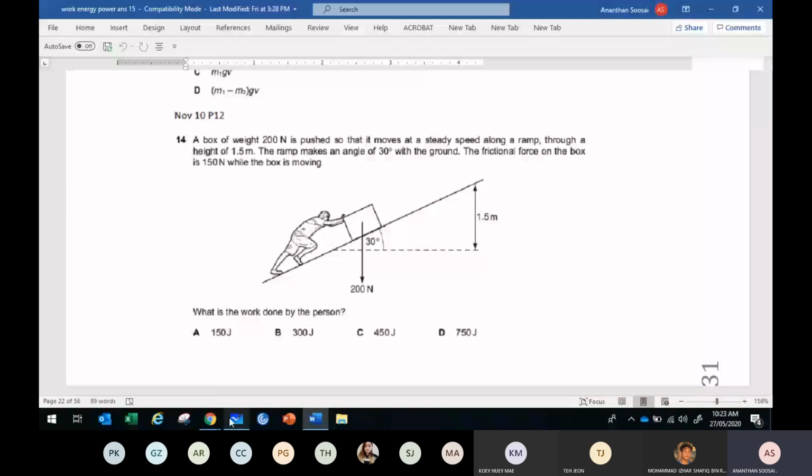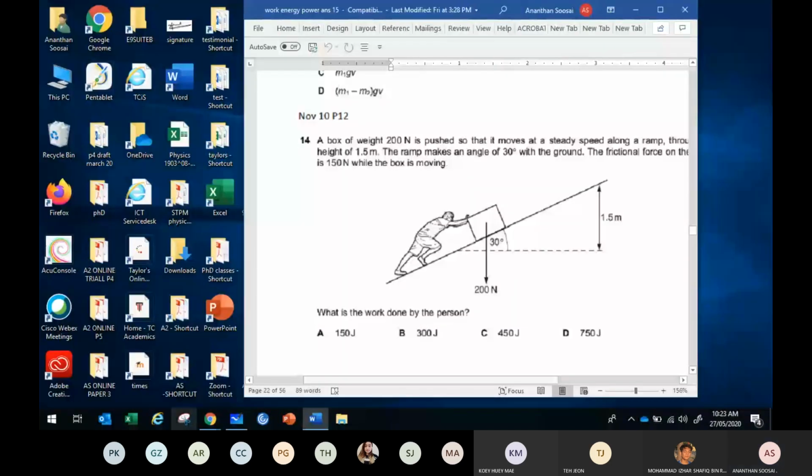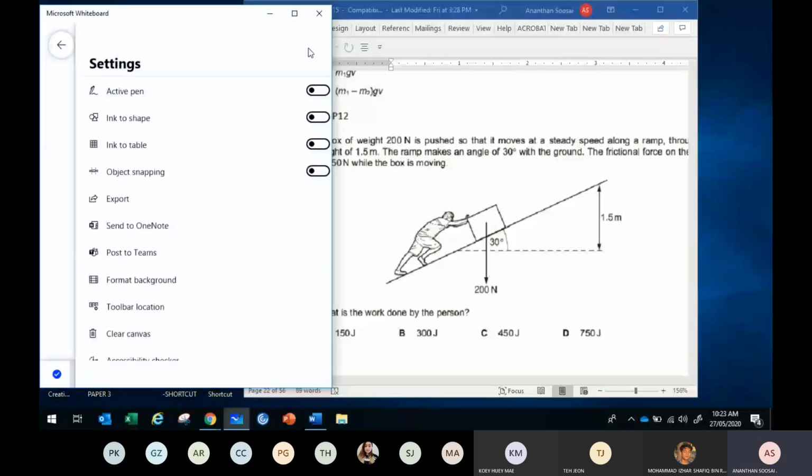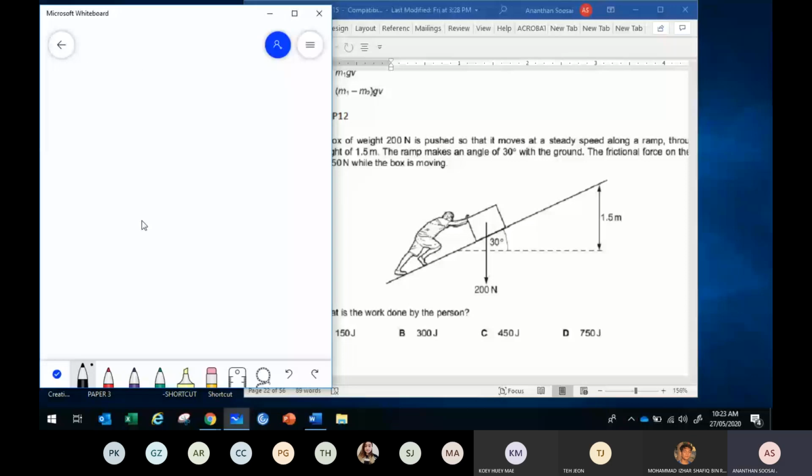Okay, let's go. How to get to this question? So as usual, let me go back. Work done by the thrust equals the gain in EP, EK, and the thrust heat, the same thing.